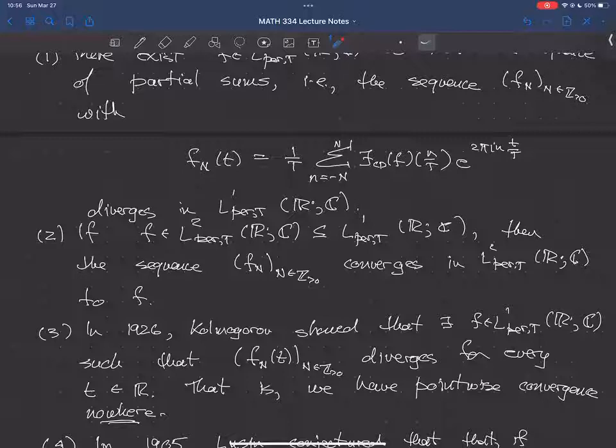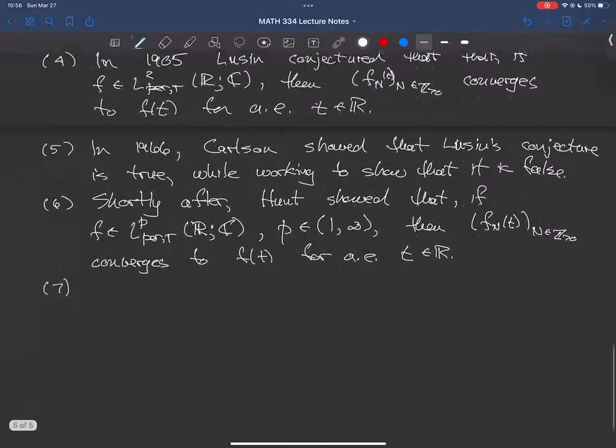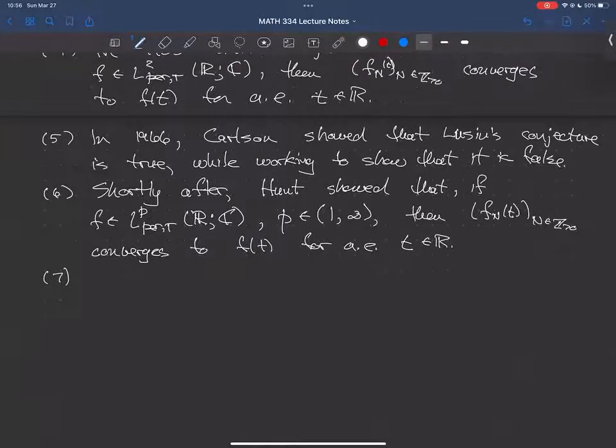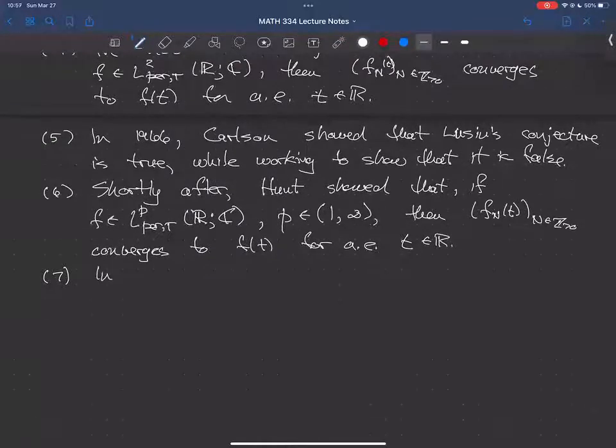All right, but there's a stronger version of that even. Also in 1966, Kahane and Katznelson showed the following thing.